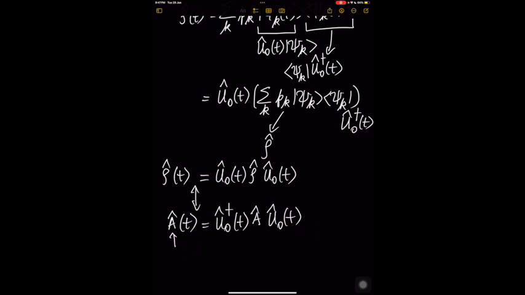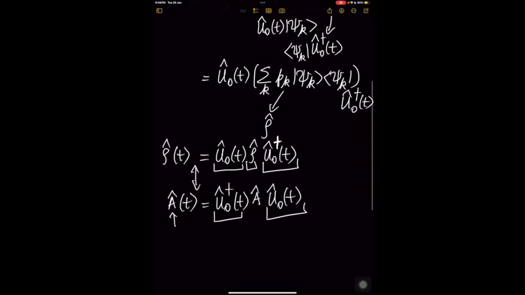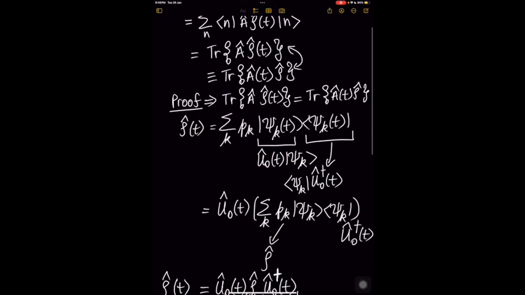And so you can observe the difference in structure. The time evolution of the density operator is U hat rho U hat dagger, and the time evolution of any other operator is given by U hat dagger A U hat. So it's a switch. This is something you should be careful about, and it's important to note. Anyways, this is the structure of rho hat(t).